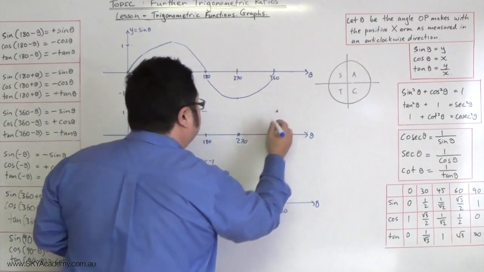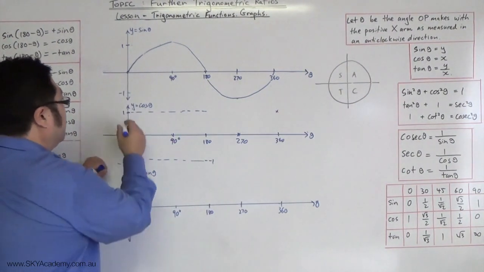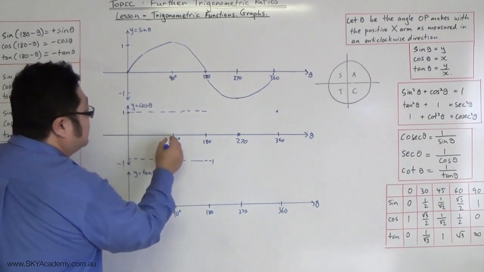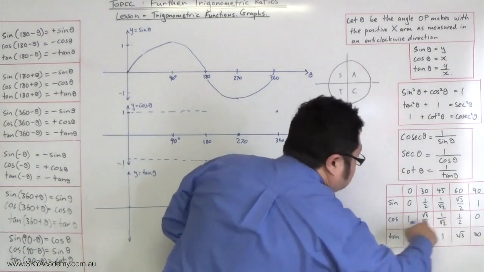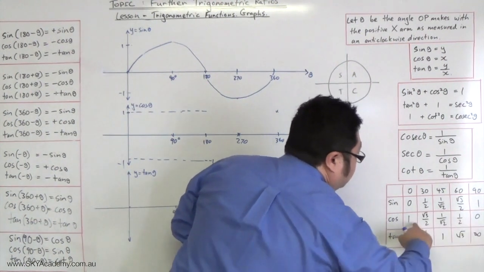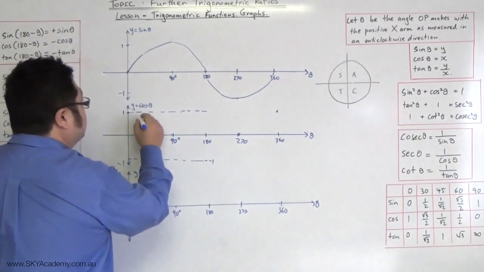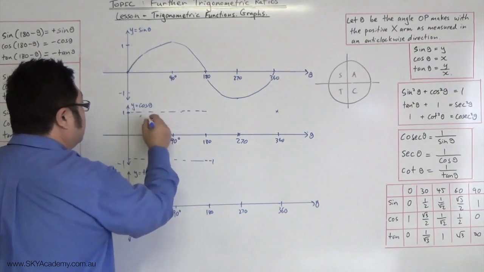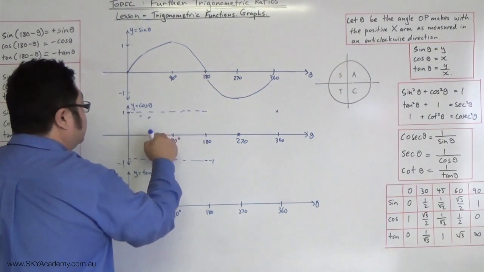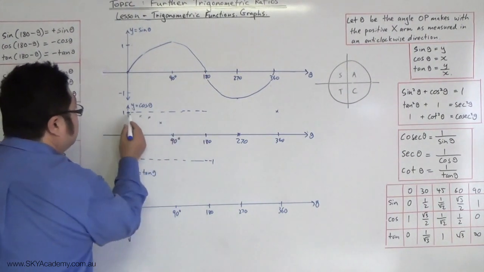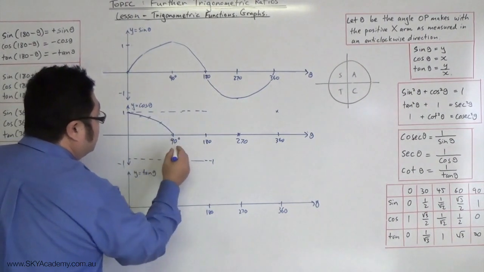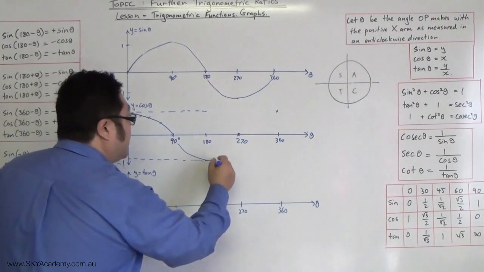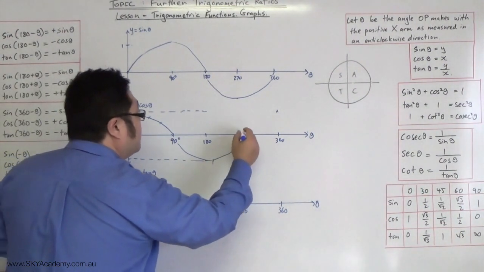So you're going from 1 down to 0 at 90, following this pattern here, which is root 3 on 2, 1 on root 2, and a half, at 30, 45 and 60 degrees. It's following this pattern, going back down to negative 1, and then going back round to 0.